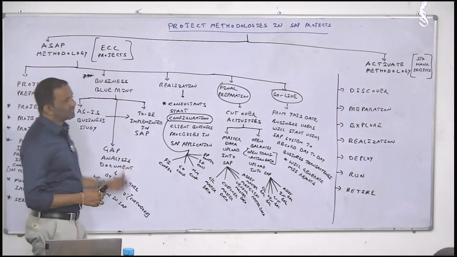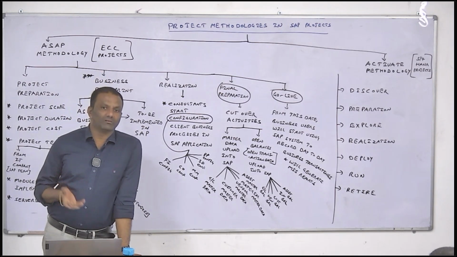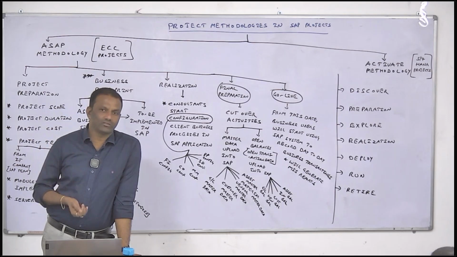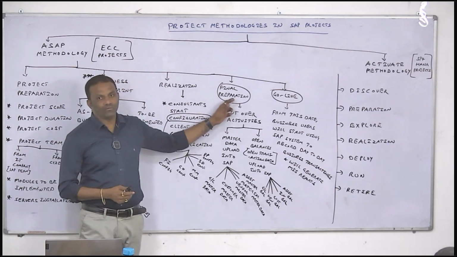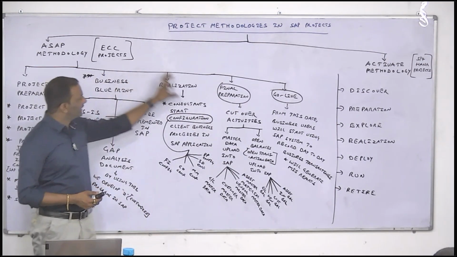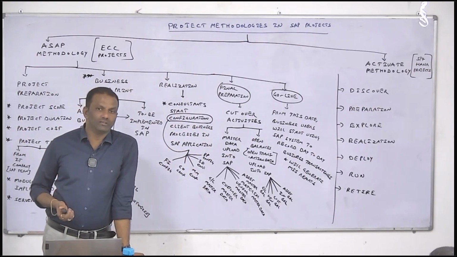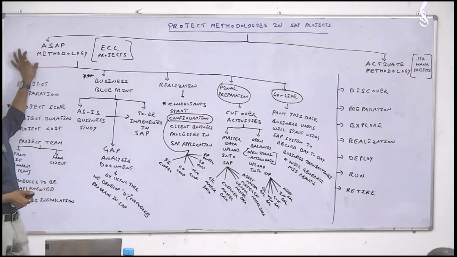Once they complete the business blueprint phase, 99% they don't involve in project work. Who? Client side employees. Again they will come only at the time of final preparation. This realization phase takes some 3 months or 4 months or 6 months, and they don't involve in our work. In which methodology? ASAP methodology.